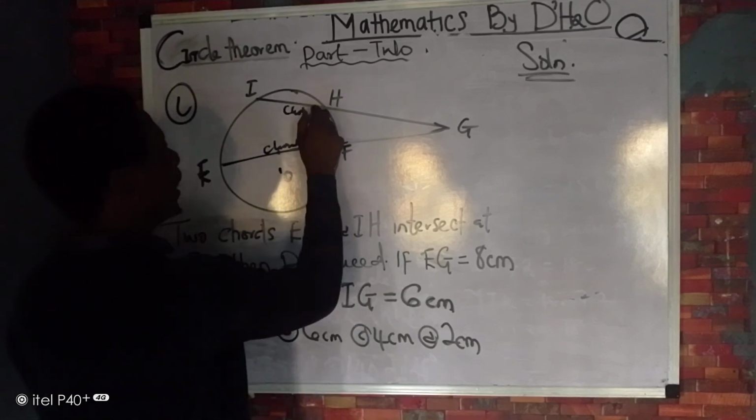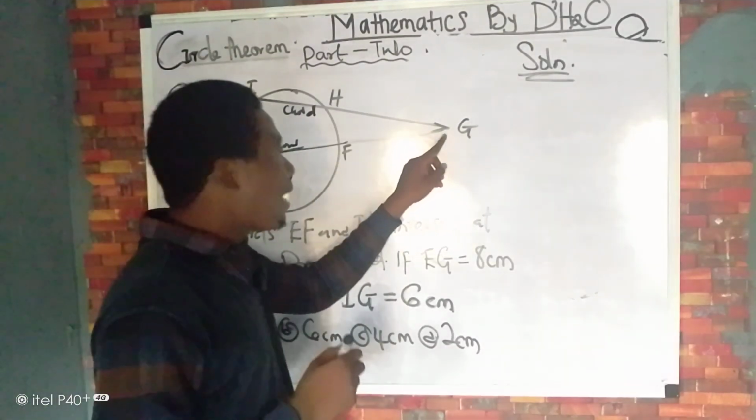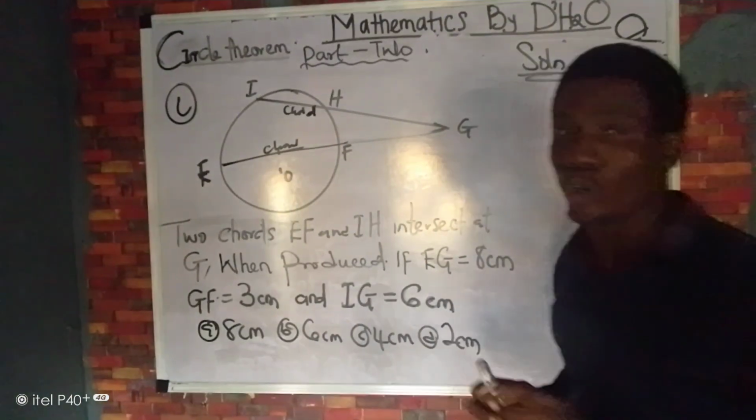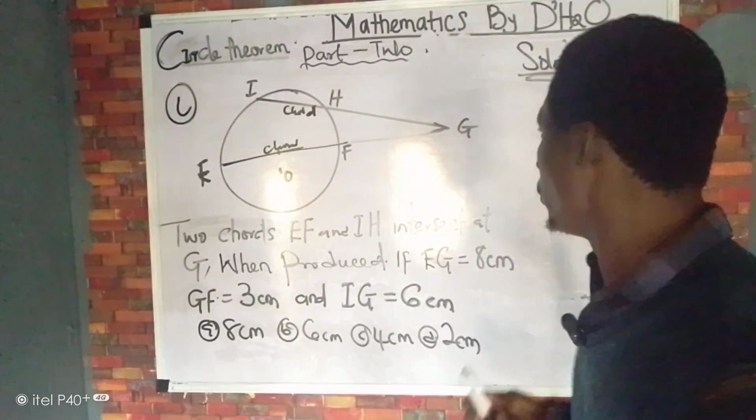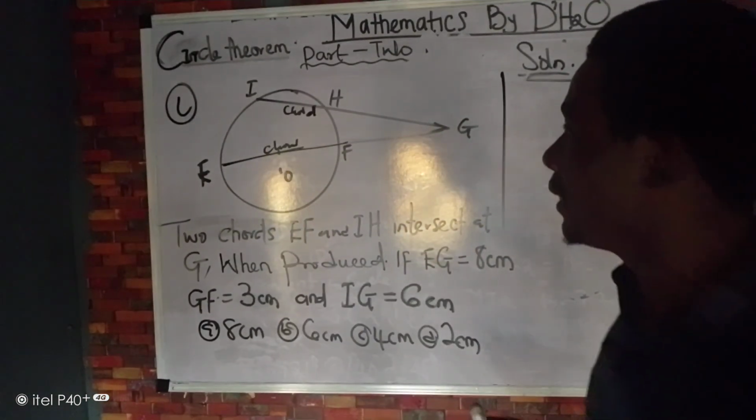If they are both chords and they are intersecting at a point outside the circle, remember the formula I gave you. What is the formula? Very easy.